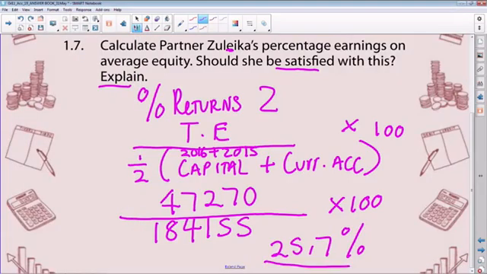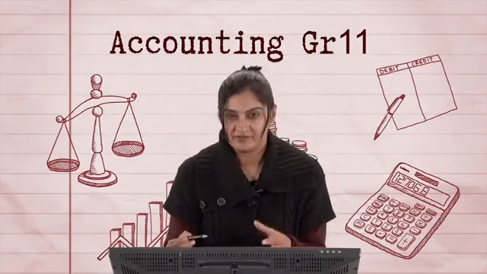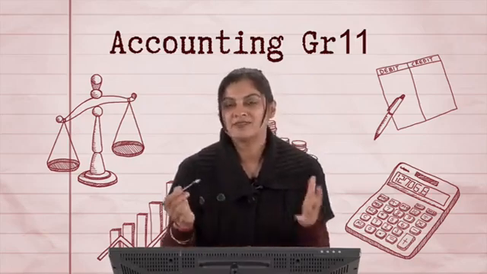Now, should she be satisfied with this? How are we going to go about answering this part of the question? Remember, when a partner invests their funds into a business in the form of capital, they're taking a high risk. What does high risk mean?